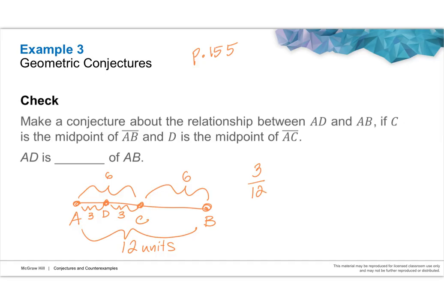So 3 out of 12 gives me that it is 1/4 of AB. You could have started with any first number, but then relating those pieces once you put the midpoints in, no matter what you start with, that fraction will be the same.